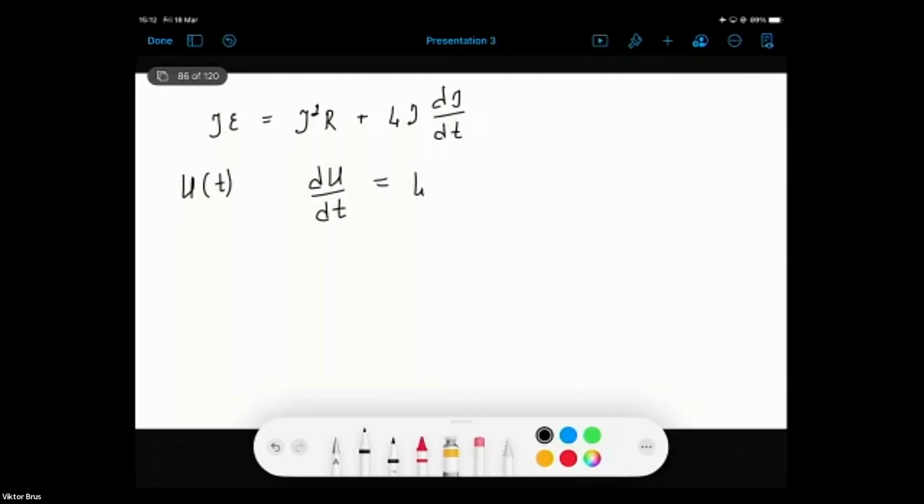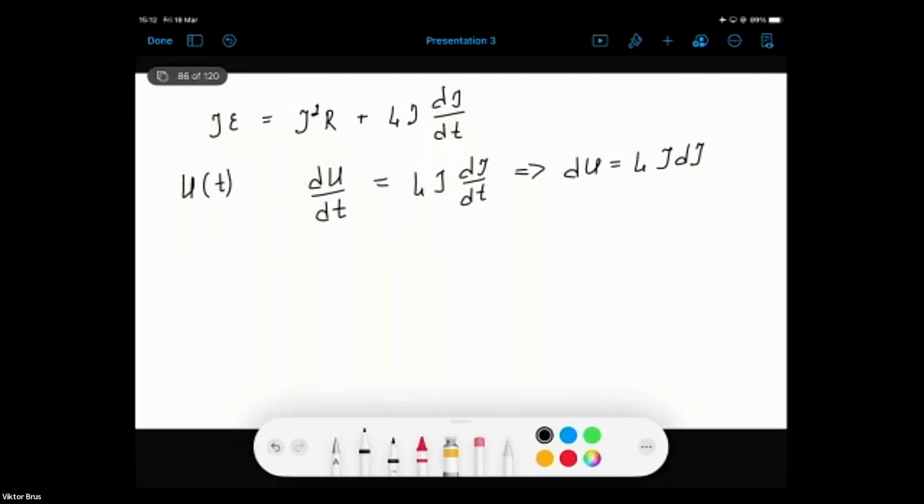That will be inductance L times I current times first derivative of electric current over time. So from here, we can write that dU will be equal to L times I dI.